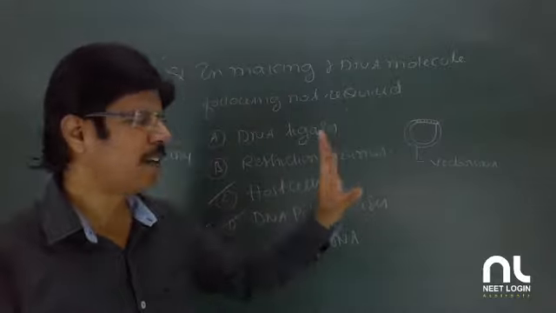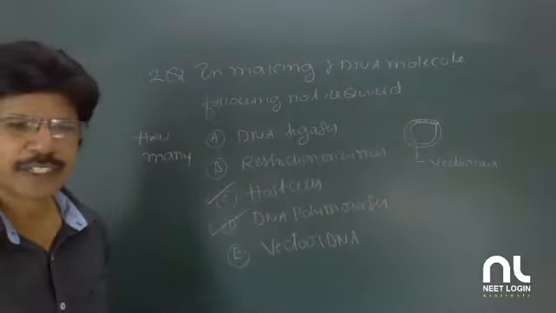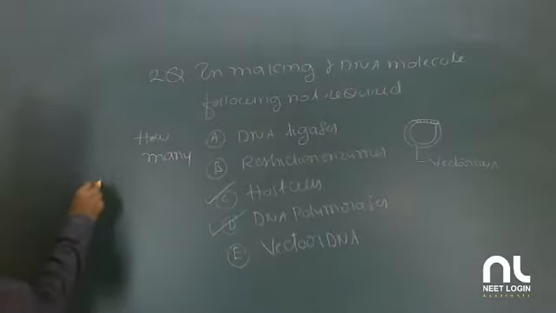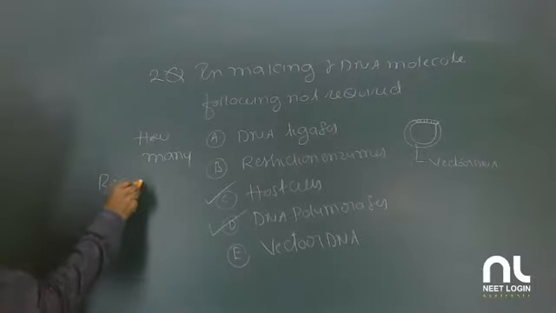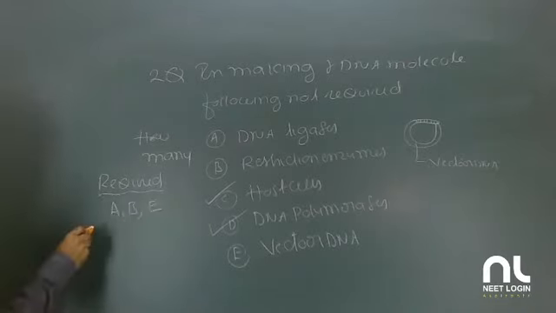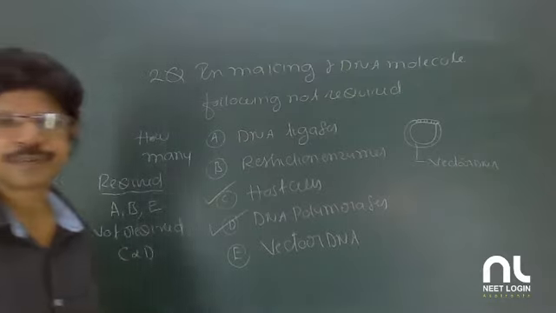So for making rDNA, host cell and DNA polymerase are not required. Vector DNA is required. So required are A, B, E. Not required are C and D.